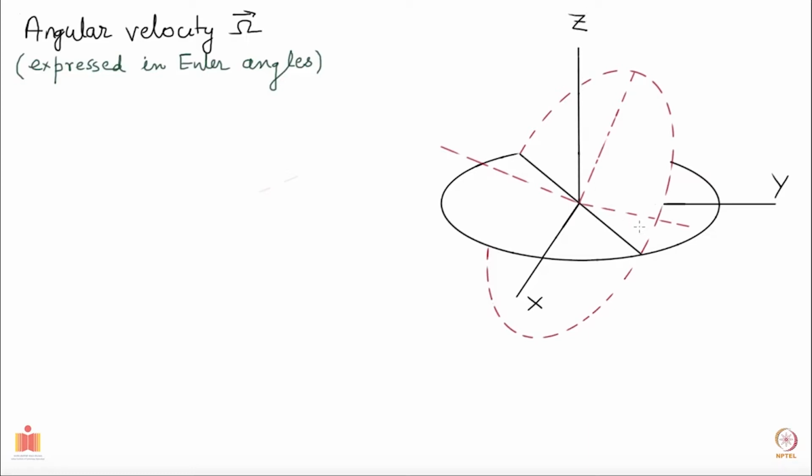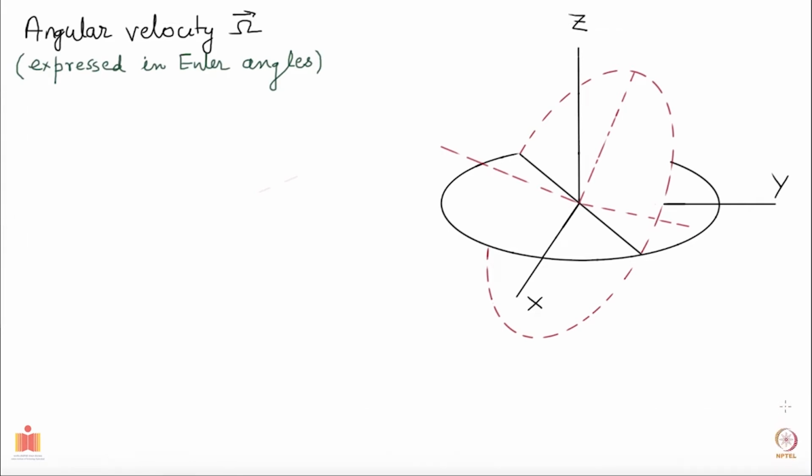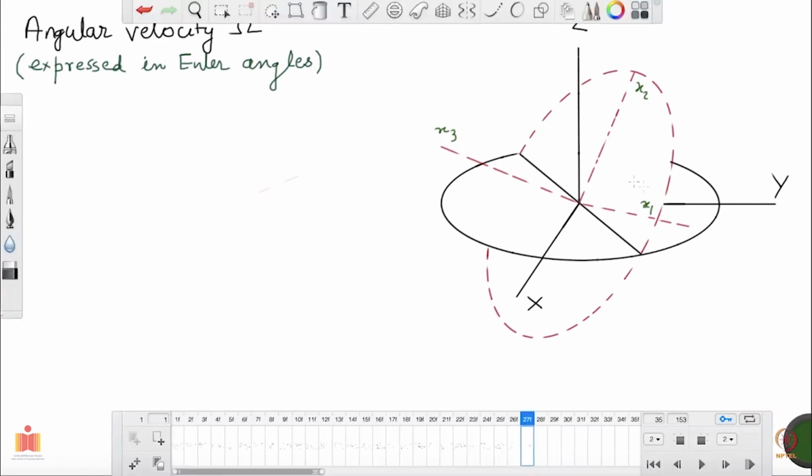And then the dashed ones are x1, x2 and x3. x3 is perpendicular to the plane made by x1 and x2, and these are the body axes, the body coordinates. Okay, so now we want to express angular velocity using Euler angles. That's what we want to do.